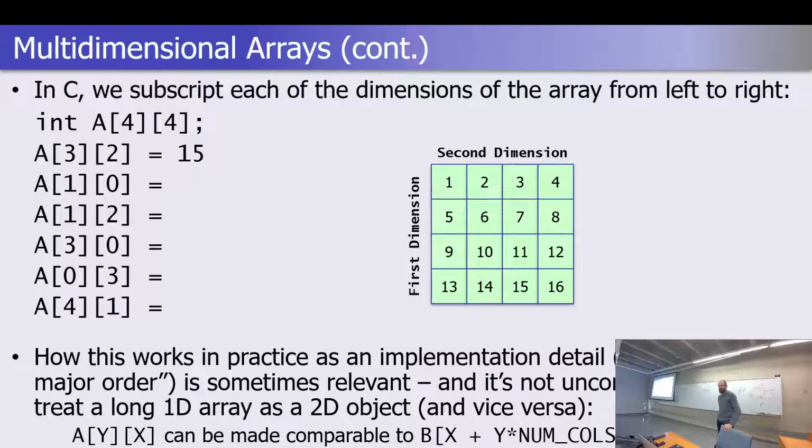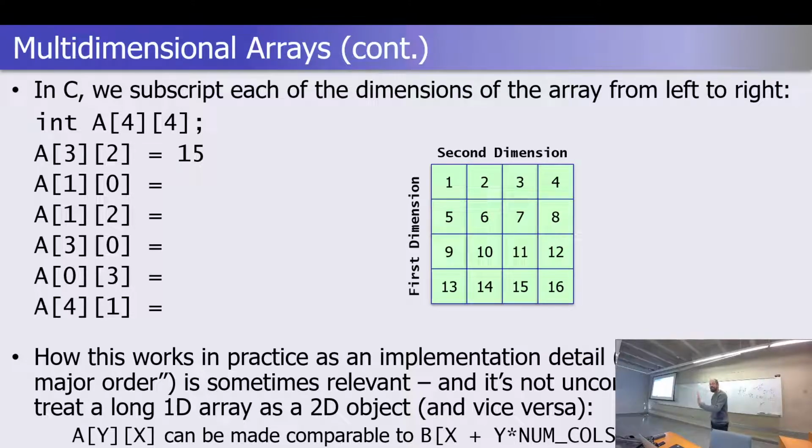So when we access A of 3, 2, we first access that first dimension with 3, then we access the second dimension with that value of 2. So A of 3, 2, however you want to say that out loud, is 0, 1, 2, 3, the third offset row, or the fourth row here that we have. In the first dimension, 0, 1, 2 in that next dimension, that's why that value would correspond to 15 here.